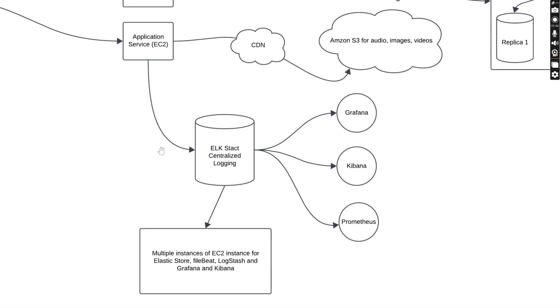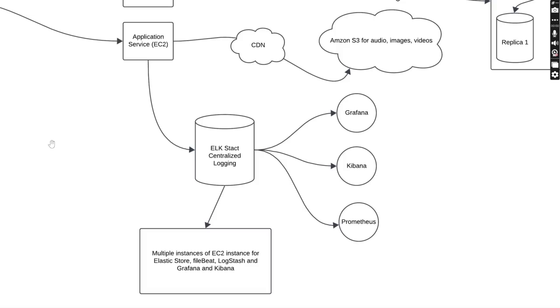Maybe you want to know whether a specific user with a certain ID has accessed a certain endpoint how many times. Those are the things that you can figure out with the help of Kibana. So Kibana is one of the things that help us in monitoring such things.